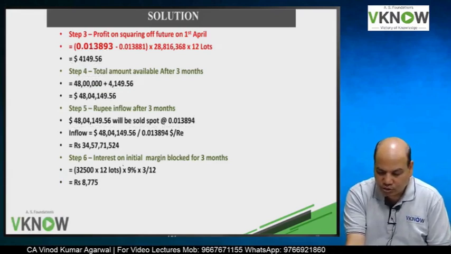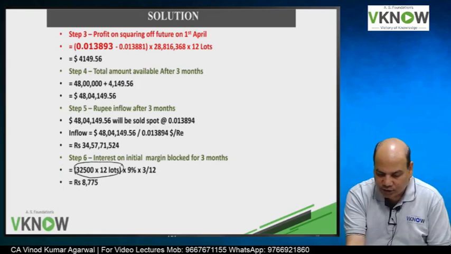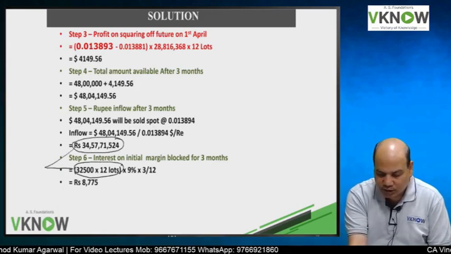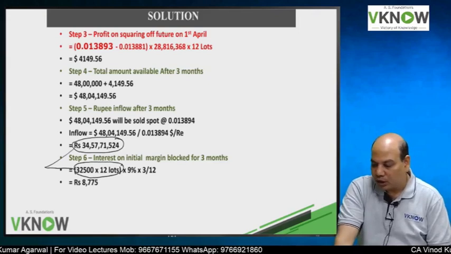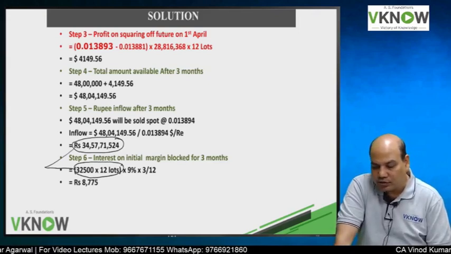This amount you have to deposit at the beginning. This cash flow is after 3 months. To make them comparable, I will have to also consider the interest lost, 8775.